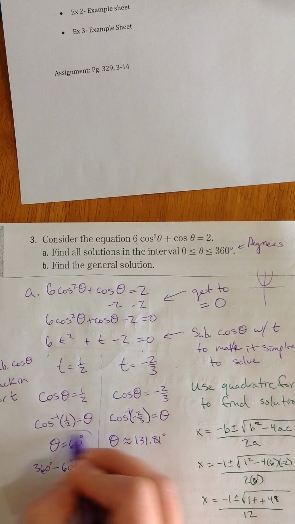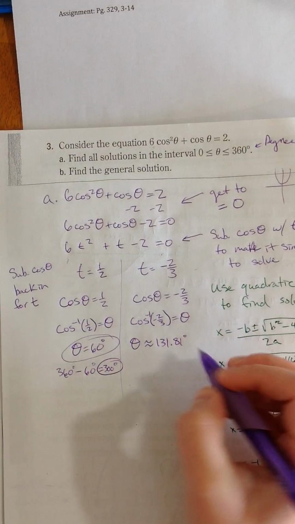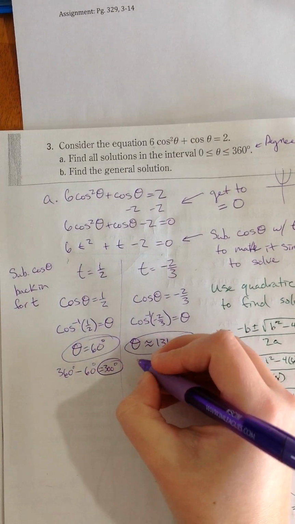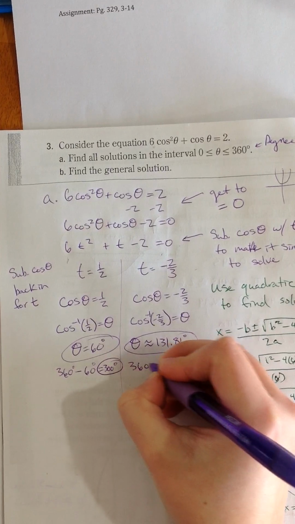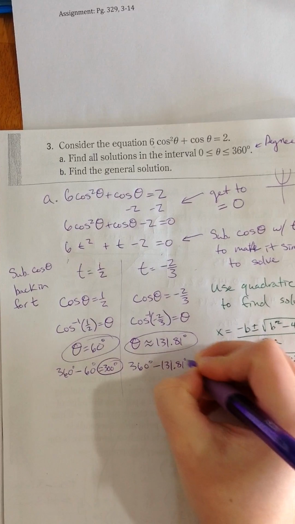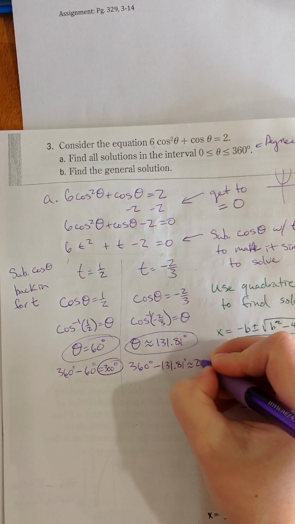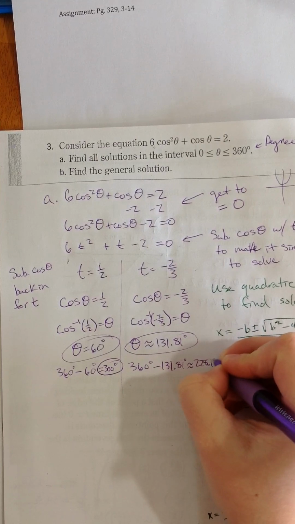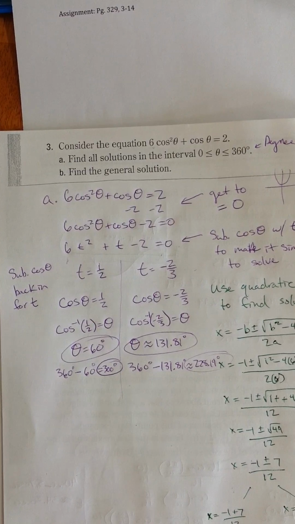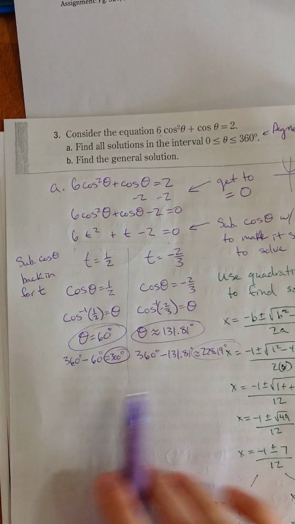So 300 degrees is also an answer. So you got 60 and 300. And then one of our answers is the 131.81, and you're also going to want to do 360 degrees minus that 131.81. I've got written down that that's 228.19 degrees, so that would also be a solution. So in this case, because it's not just a standard equation, we had multiple solutions.